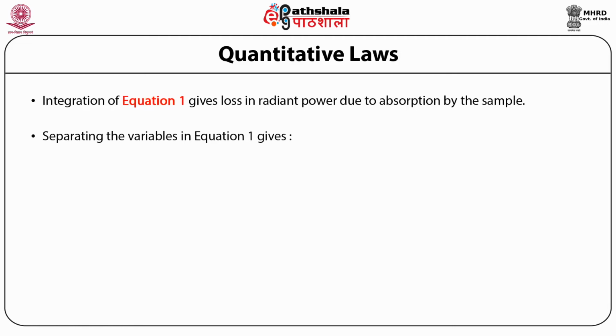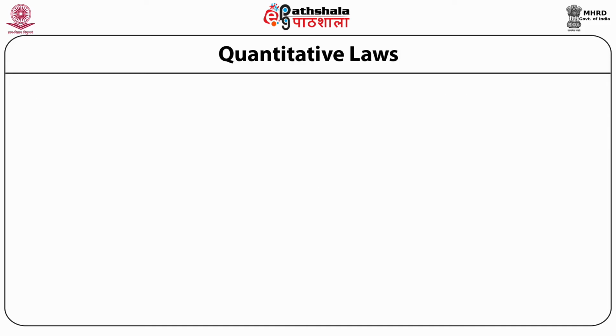Separating the variables in equation 1 gives the integral from I0 to It of dI/I equal to −k times the integral from 0 to b of C db. After solving the equation, it comes out to be ln(It/I0) = −kbC.